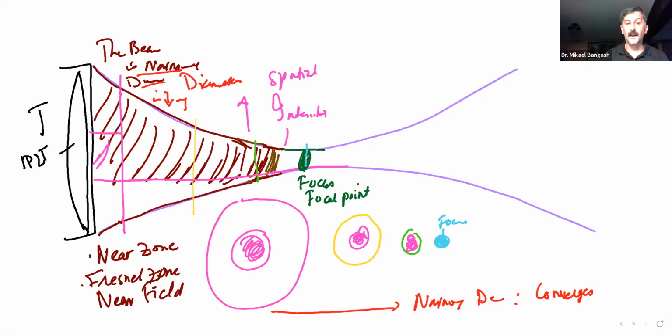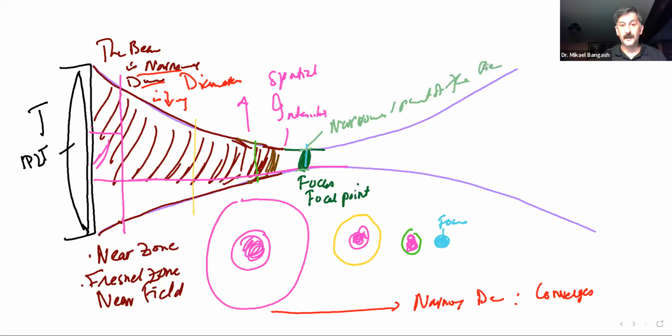Clear? As far as a beam is concerned, what does it mean to focus? That mainly means that the beam has reached its narrowest point. Clear? So the focus is the narrowest point of the beam.